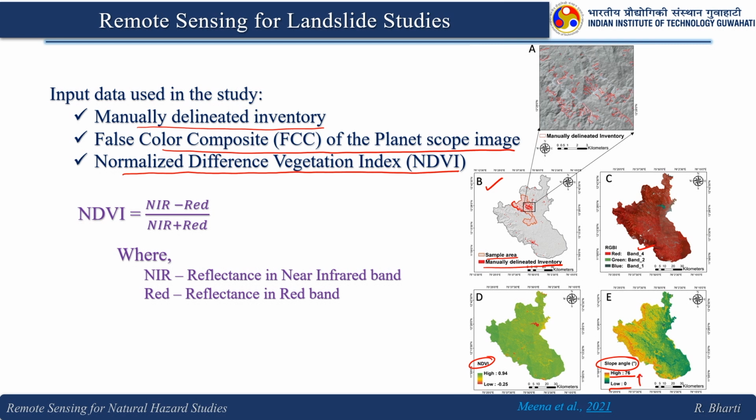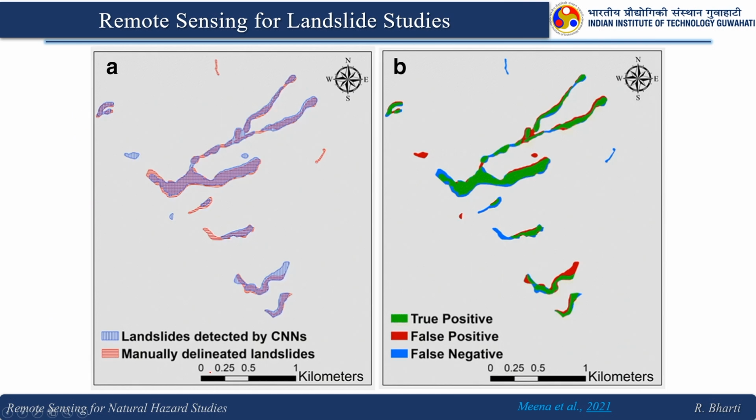This slope map is further used. Based on the input and the CNN method, they detected the landslide. This is the automated one, and this is the manual one. You can see the manual one goes above this, which means the automated method is underestimating the landslide area.